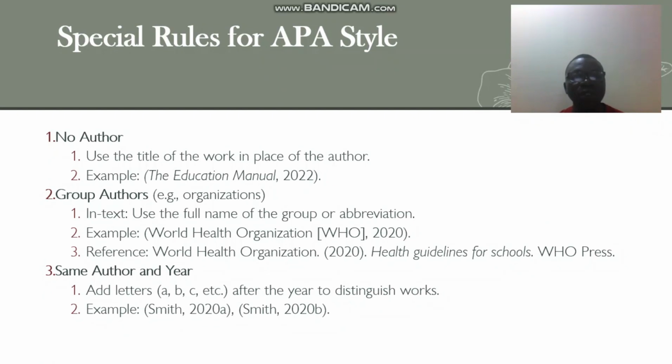You have the World Health Organization, or you have WHO, then 2020, just like the way it is. Please note the way it is written. You have World Health Organization, or you have WHO, comma, 2020. Whichever one you use, either the full name or the abbreviation, like it is written. And then you also have the reference.